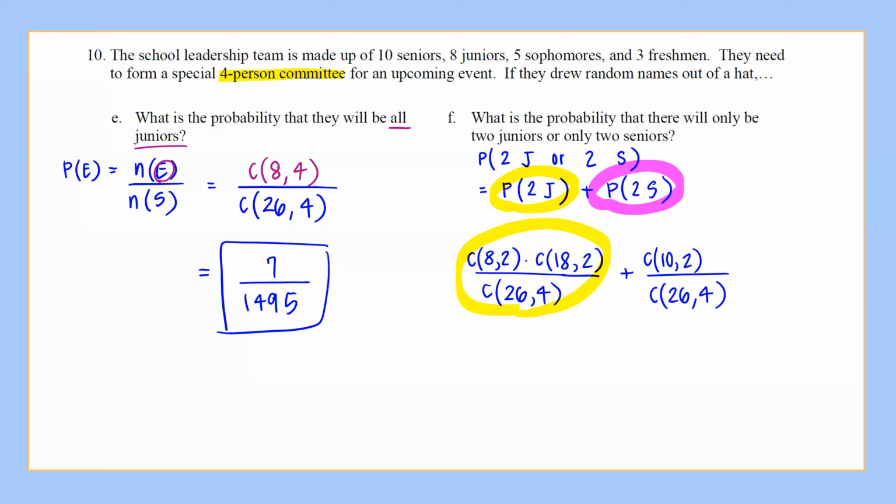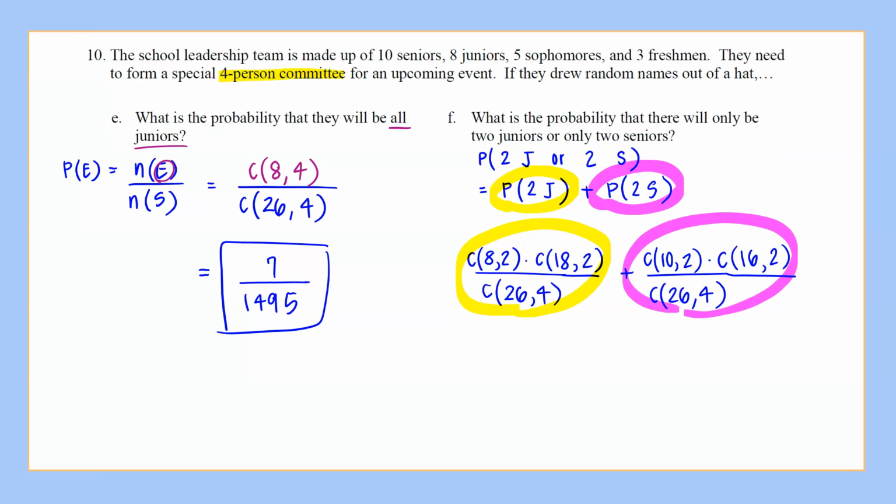However, since I'm making up a 4-person committee, I have to also have 2 more students of another age group. If I have 26 students total and I'm excluding the 10 seniors, I would have 16 students remaining. So of the 16, I want to select just any 2 of them. And that would be the probability of me selecting 2 seniors.